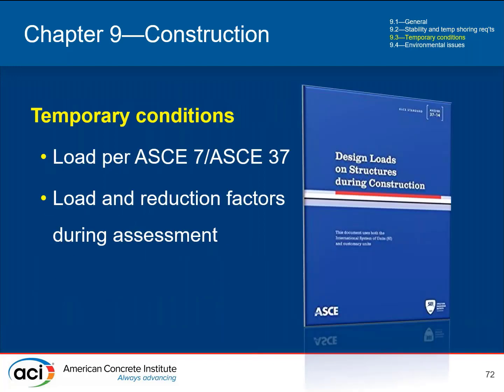For temporary conditions, 562 does reference or acknowledge ASCE 7 and ASCE 37, the design loads for structures during construction. It is a useful document, but it does begin to be a little bit tricky, and it's something the licensed design professional needs to consider and communicate when only a portion of the structure is being shut off while the other portion may be open to the public.